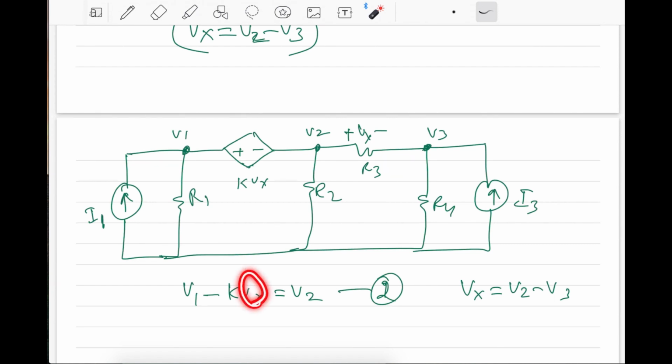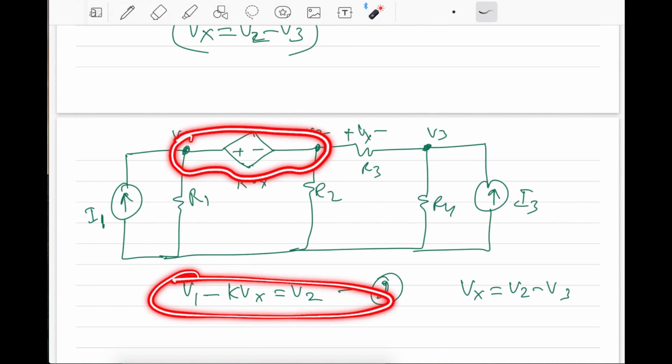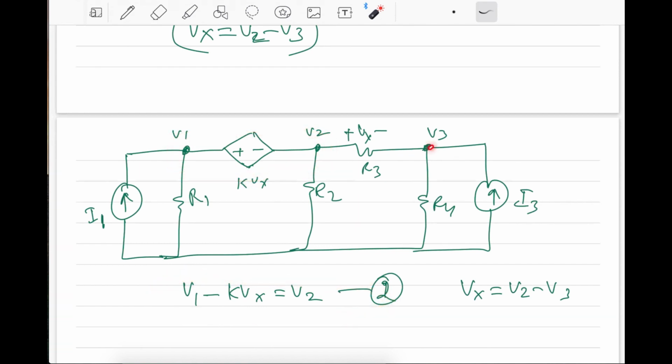Once you have this value of Vx kept here, then you have all the values of V1, V2 and V3 written in a single equation. So this will be the first equation. The supernode will form a second equation, and the third equation will be from this node V3, which you already know how to calculate.